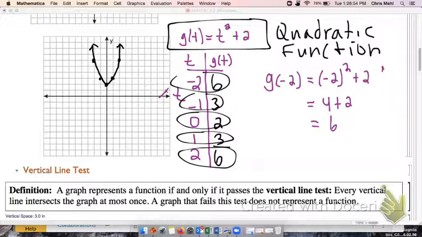For right now, there are ways to graph linear functions. There are shortcuts. There are ways to graph quadratic functions. There are easy things that you can do to plot them without having to make a table like this.